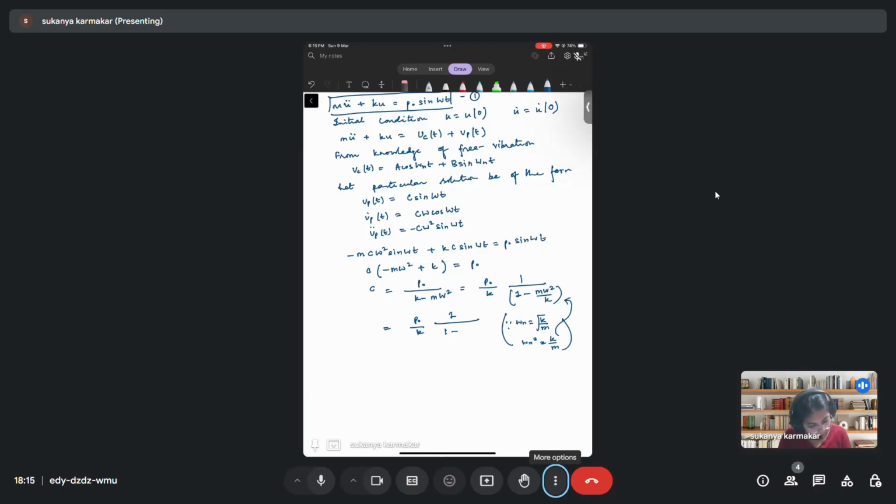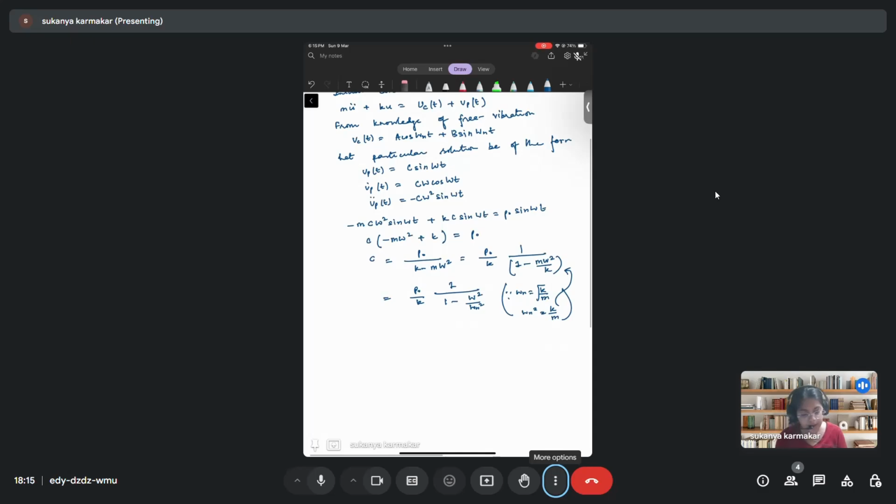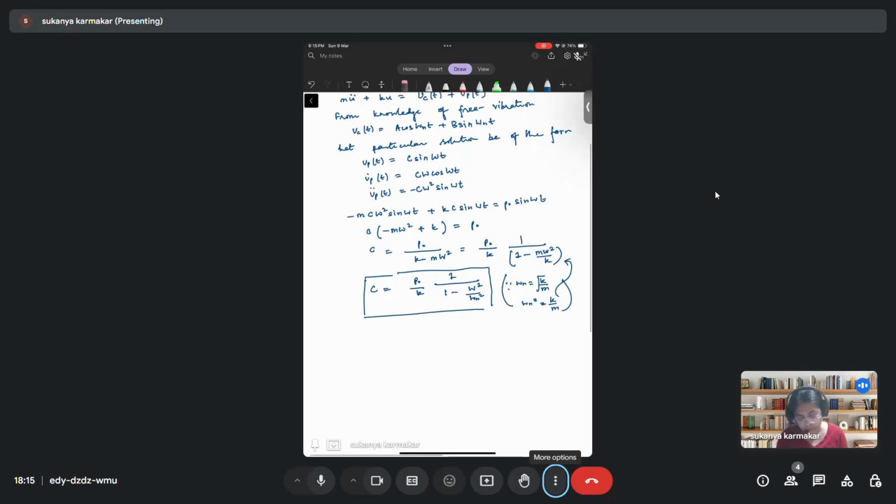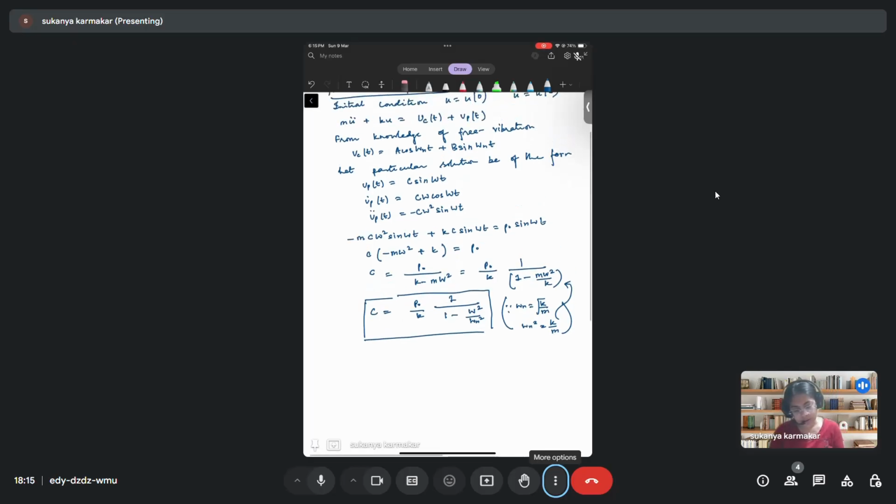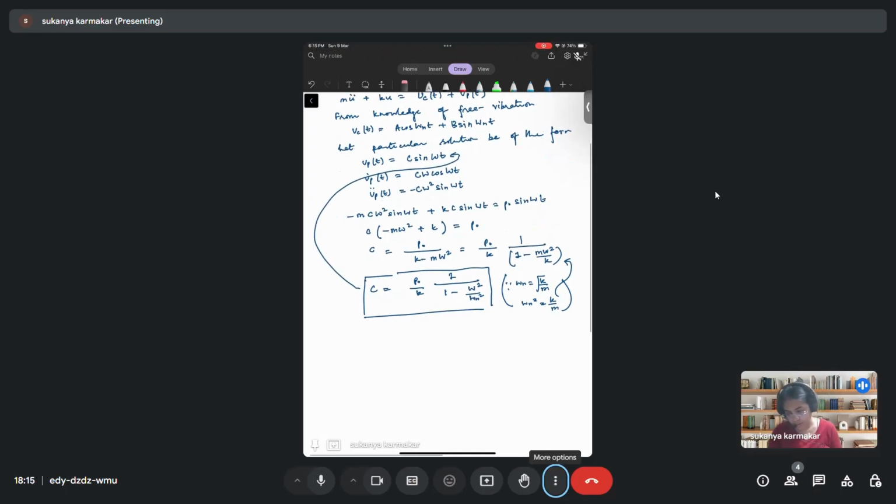So m by k can be written as 1 by omega n square. From here we get the value of c.